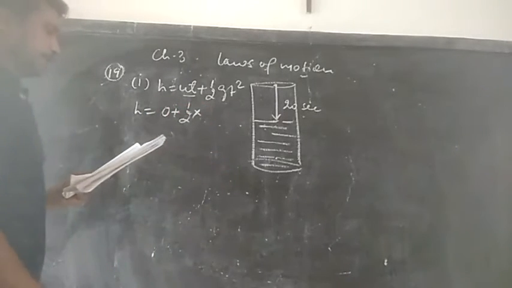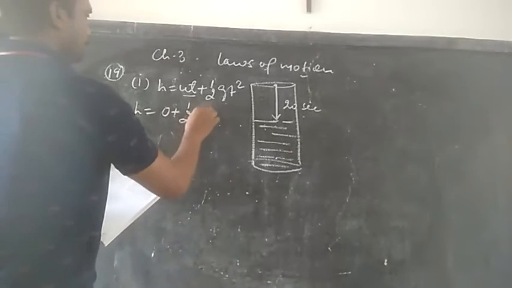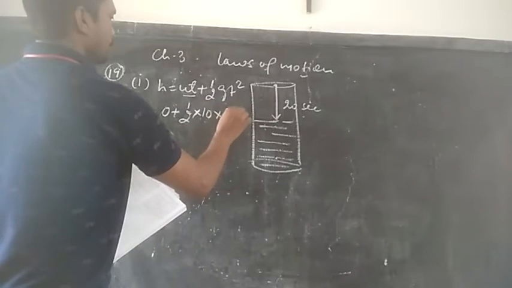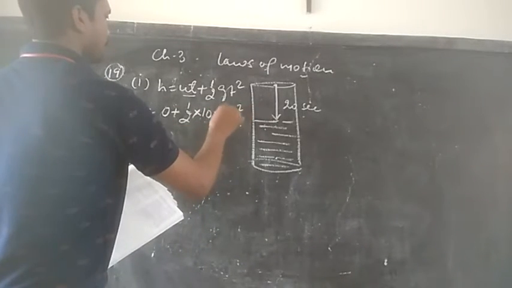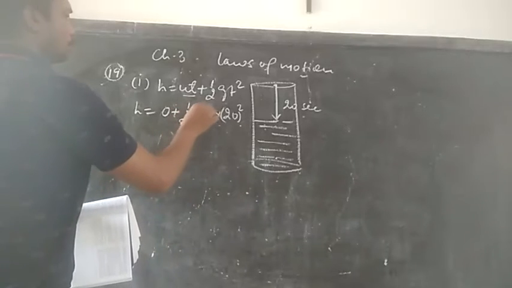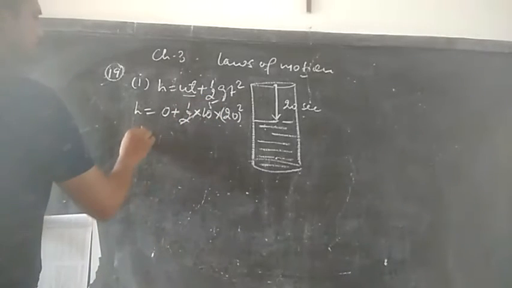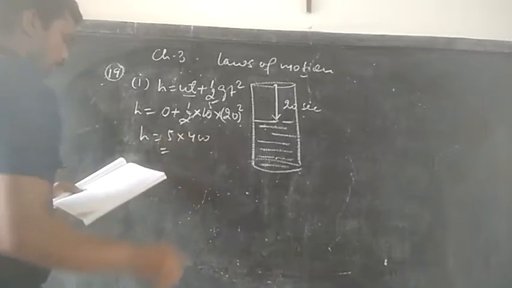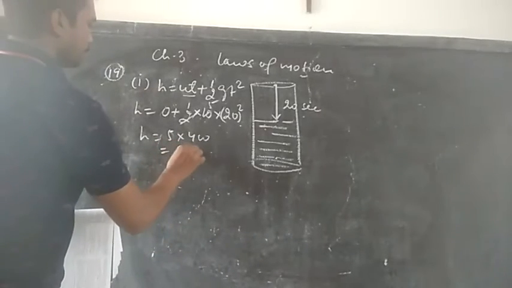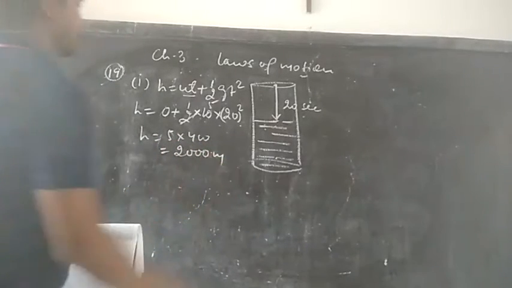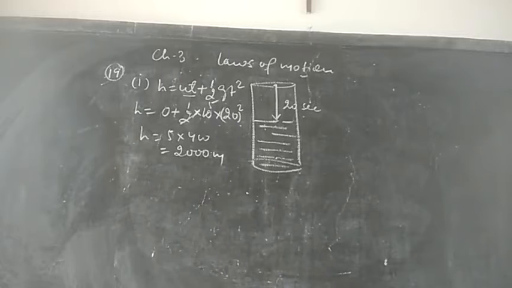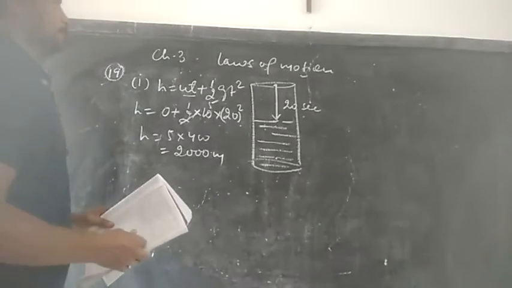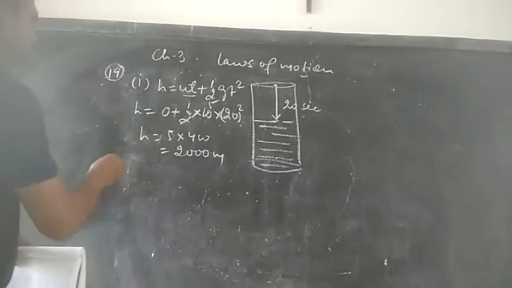The value of g is 10, and the time taken is 20 seconds, so it becomes 20 square. 2 fives are 10, 5 into 400, so it is 2000 meter. 2000 meter is the height of the water surface from the top.